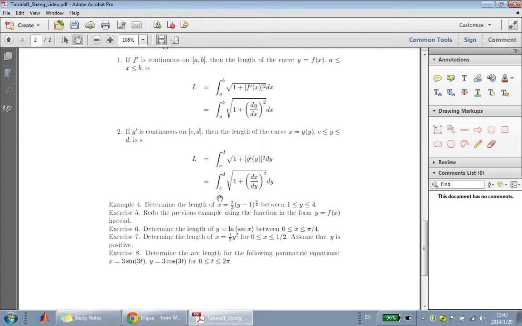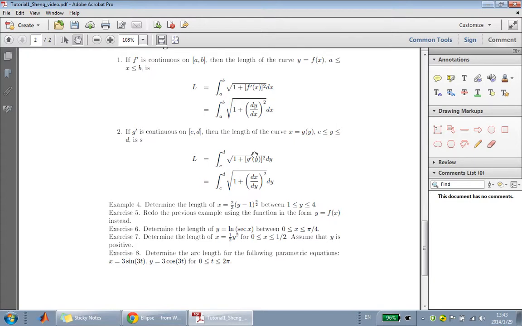Here I won't go through the details for this example or exercise. In general, there are two steps. First, determine which form we want to use. Using different forms, you will find that the difficulty of calculating the integral is different.